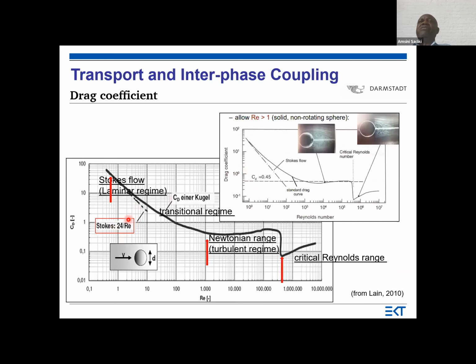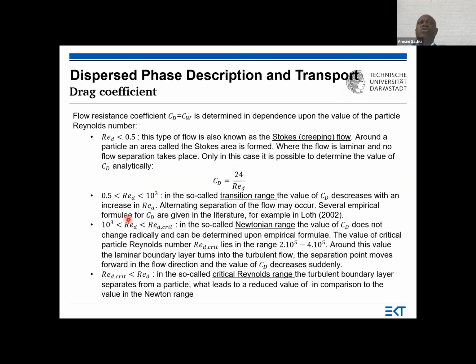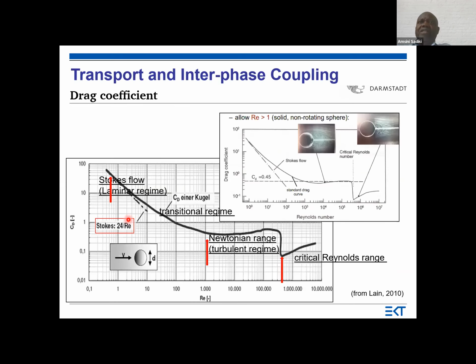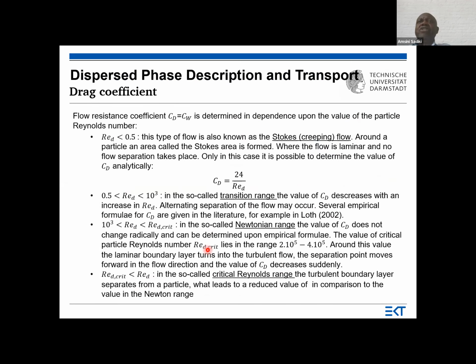Okay, and we have seen this expression before. So if we are between 0.5 and 10, we have the transitional region. CD decreases with an increase in the Reynolds number.